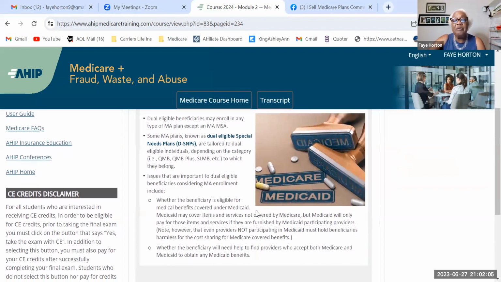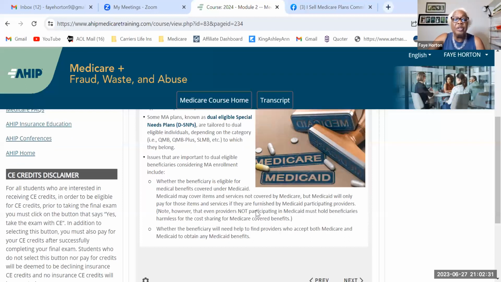Dual eligible beneficiaries may enroll in any type of MA plan except the MA-MSA. Some MA plans, known as dual eligible special needs plans, are tailored to the dual eligible individual depending on the category of Medicaid where they belong.